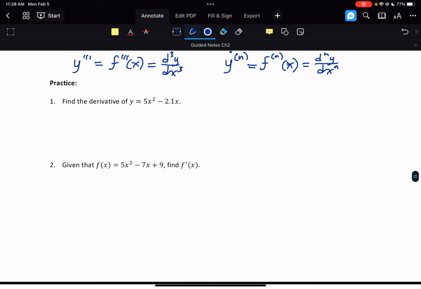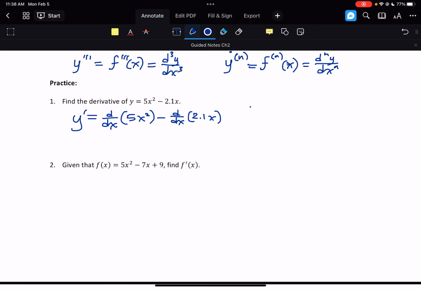Find the derivative of y equals 5x squared minus 2.1x. So we can utilize a couple properties here. We can split this up across addition and subtraction: a derivative of 5x squared minus derivative of 2.1x.